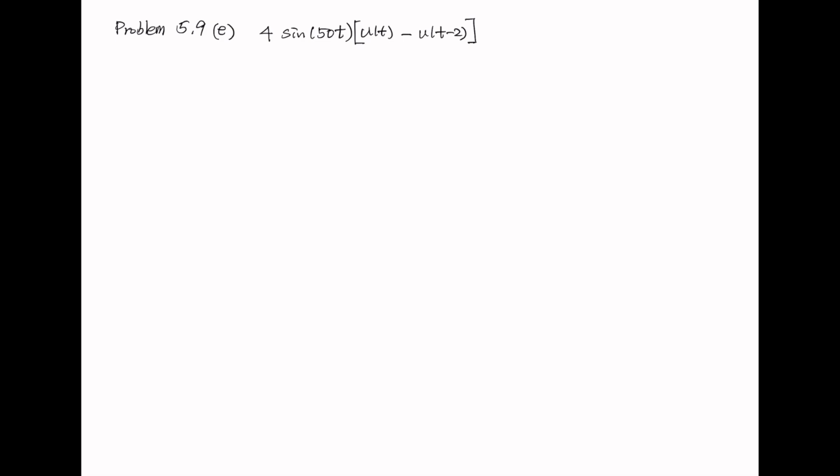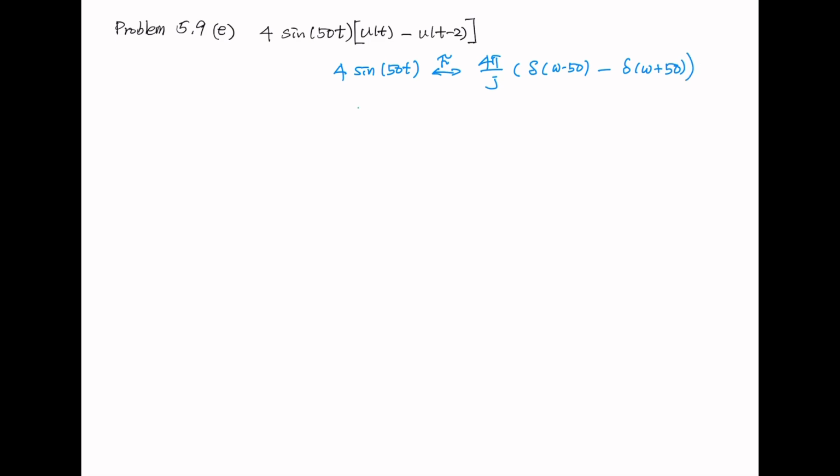So first, let's say we are just using u of t and u of t minus 2. From the pairs in tables 5.1 and 5.2, we know 4 sine 50t is a pair, for the Fourier transform, with 4 pi over j times delta omega minus 50 minus delta omega plus 50.